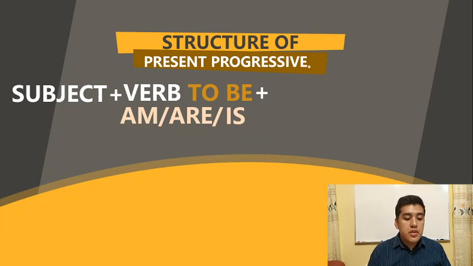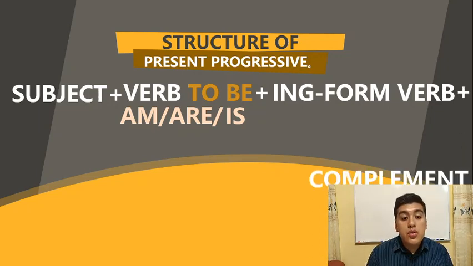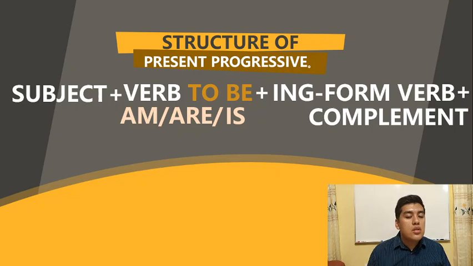Then we add the ing form verb. What is that? You will see in a moment. The ing form verb and the complement. It's not mandatory to use a complement, but if you want to use it, it will be better because it will make a complete sentence.